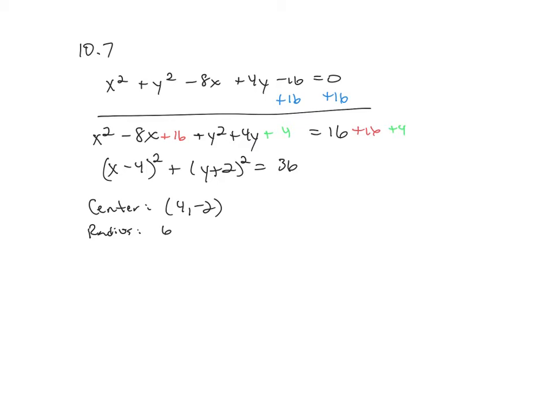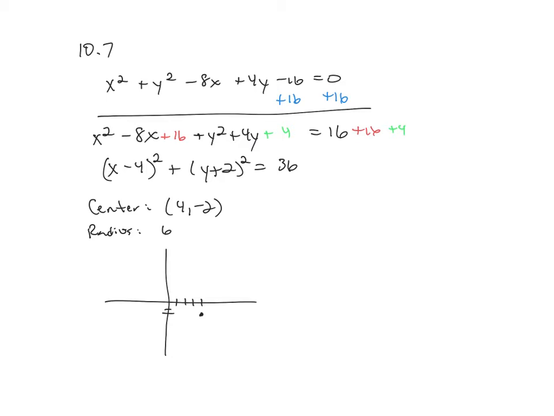Okay, so to graph the circle, it can be difficult, but 1, 2, 3, 4, negative 2. So then what I do, radius is 6.